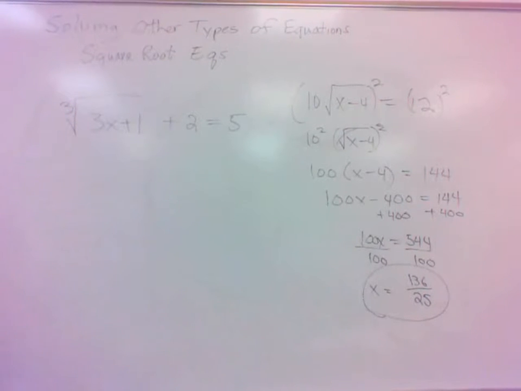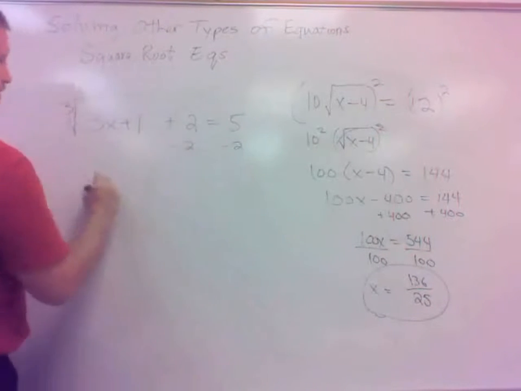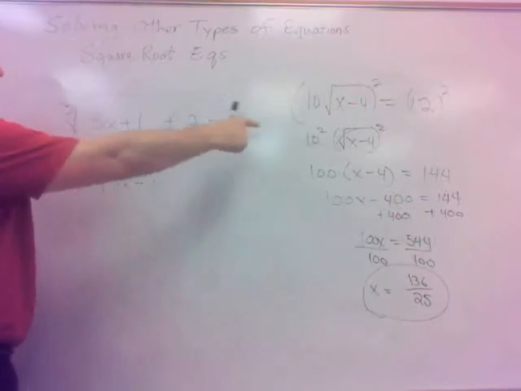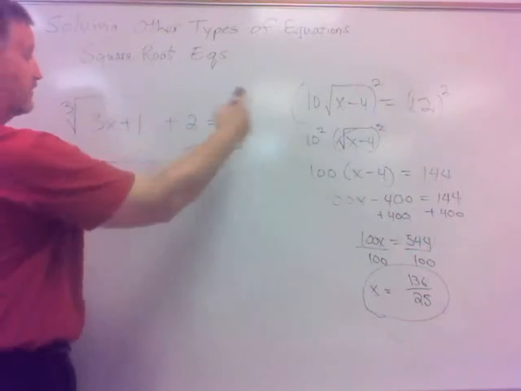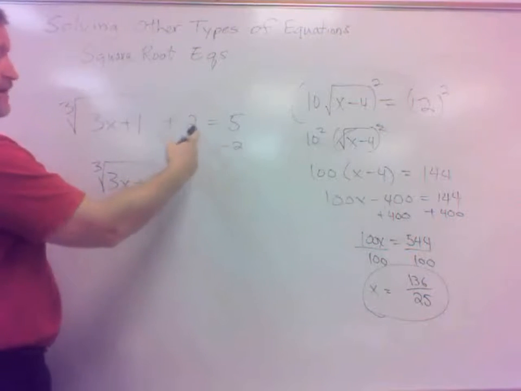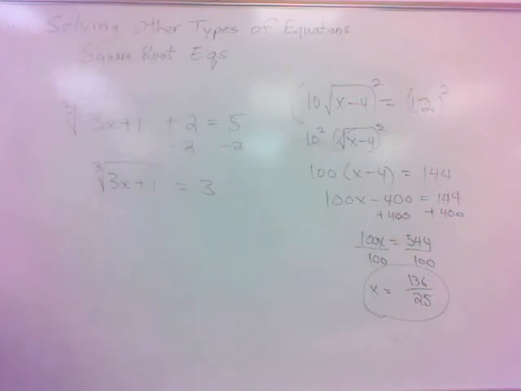Now, the thing is here, the first step, though, would be subtract the 2, wouldn't it? Because if you have a plus or a minus, this is not an option. You can't go ahead and cube both sides for that one. If you have a plus or a minus term here, you got to move that one. Otherwise, it doesn't all work out. Yeah, so we get that.